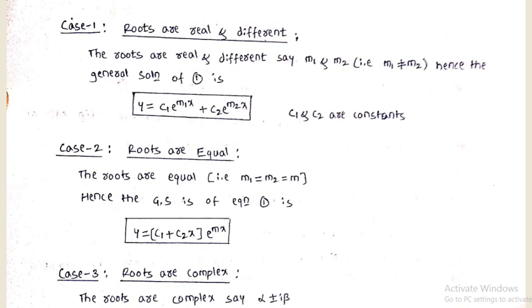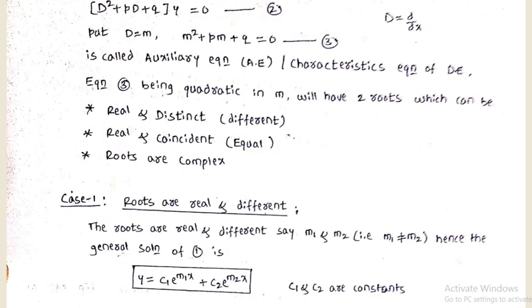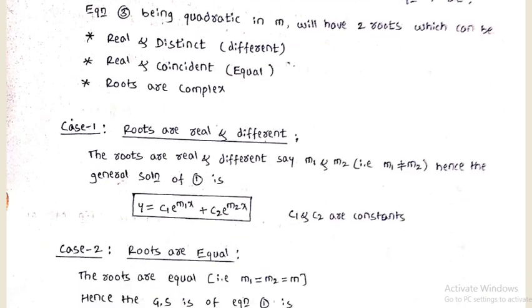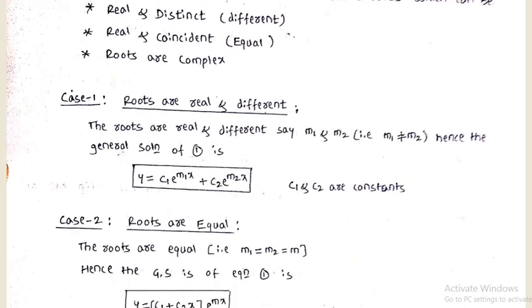If m1 and m2 are the 2 different roots, or m1 is not equal to m2, then the general solution of equation number 1 is y equal to c1 e to the power m1x plus c2 e to the power m2x, and here c1 and c2 are constants.